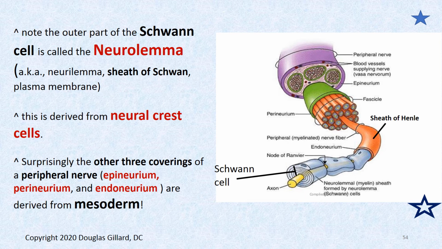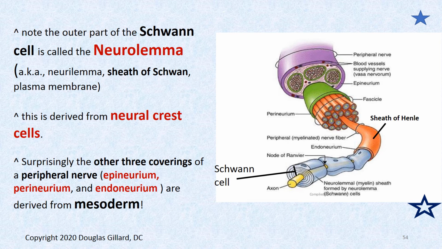Here's a nerve, a run-of-the-mill peripheral nerve. You have to be careful when you say the peripheral nerve is derived from neural crest cells, because not all of it is. The axons and things like that, and the myelin, are definitely derived. The Schwann cell, here's one cell, there's its nucleus, wraps itself around in these little sections.